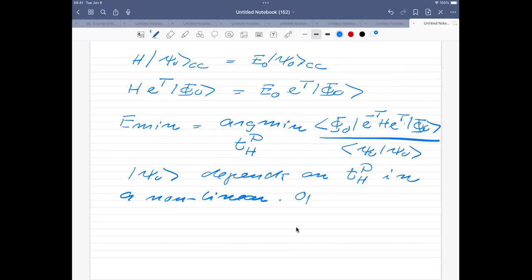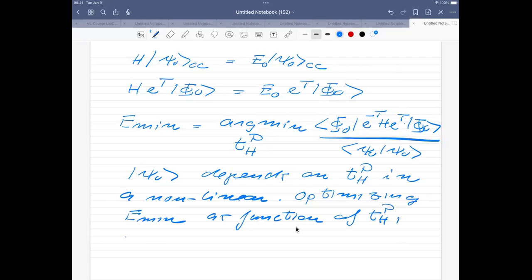So optimizing this E min as a function of these quantities T^H, T^P, which means that we take the functional derivative of E min with respect to these quantities, if we do this, that leads to an almost intractable set of nonlinear equations.